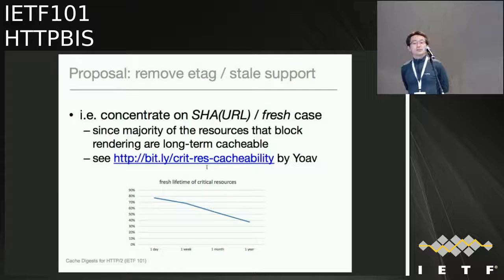So we only need to send a SHA sum that includes the URL, the key, and for the fresh case. So his proposal is maybe we should remove the other three patterns because it simplifies the draft. So do you have any comments?